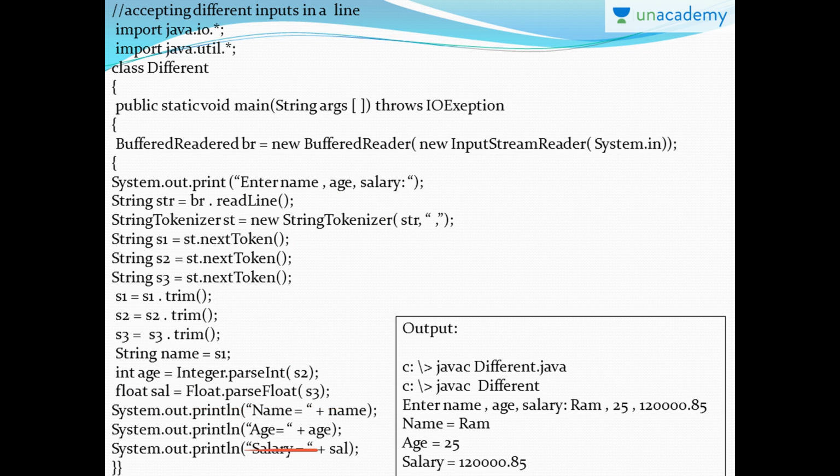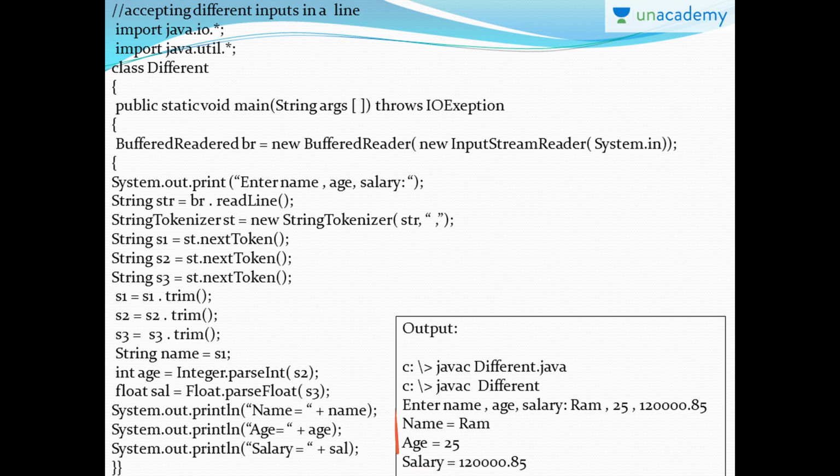Once you do that, you print all of them using System.out.println, and here is how you get the output. We are separating them with commas: name, age, salary. So Ram is the name, 25 is the age, and this is his salary. We are printing them one after the other on separate lines because here it is \n, so it will print on the next line.